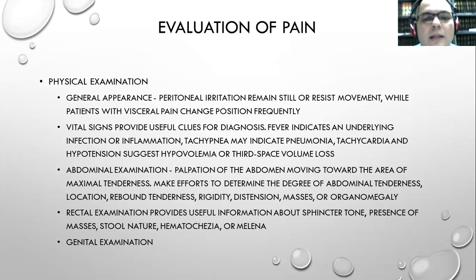On abdominal examination, palpation of the abdomen moving towards the area of maximum tenderness should be done. You should start palpating the abdomen from a far away point and slowly move towards the site of maximum tenderness.